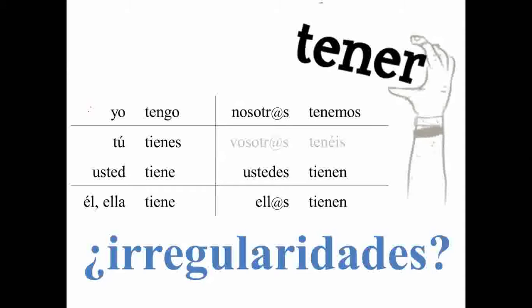What irregularities can you identify in this verb chart showing tener? Give you a second and then I'll move on. If you need more time, just pause the video. So tener has an irregular yo form. It's a go verb.